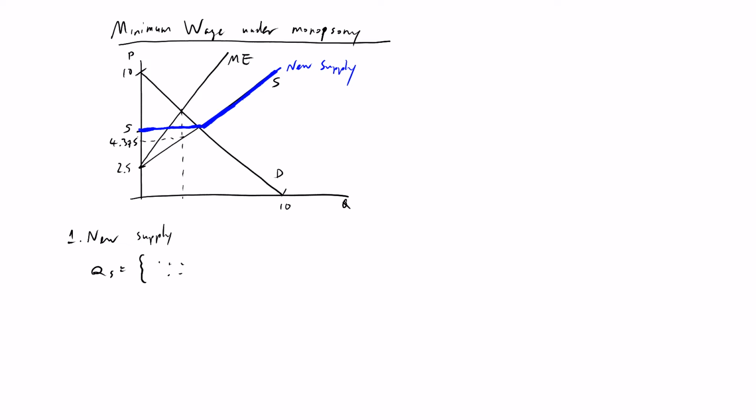It could be 1, it could be 2, we don't know. So in this case, it's easier if we start by expressing the supply curve as price as a function of quantity, like this. Now this would make it easier.